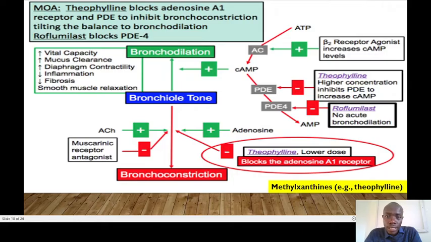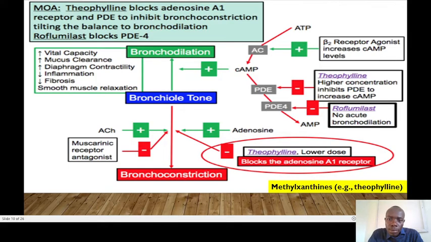It will block the PDE. We have already said the PDE is an enemy to the cAMP because it degrades the cAMP. So if you block the PDE, then that means the cAMP will be there in plenty and it will keep our bronchial tree dilated. So that is what we really want to know.